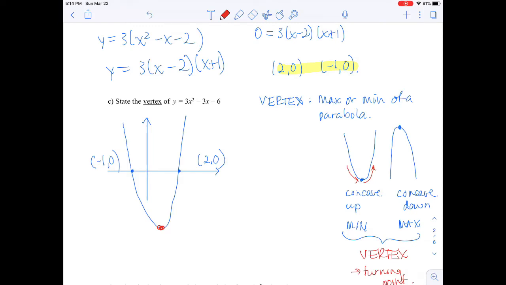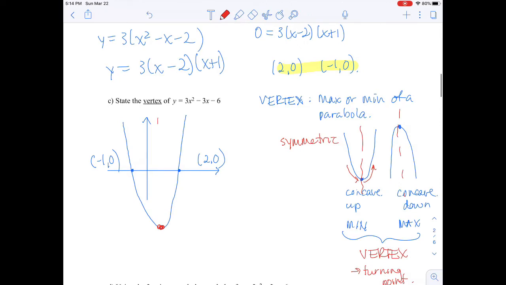So as you can imagine, and as we did discuss in class, this thing is actually symmetric, meaning I can fold it in half along a vertical line onto itself. So what that means is actually this vertex should be halfway between these two x-intercepts.